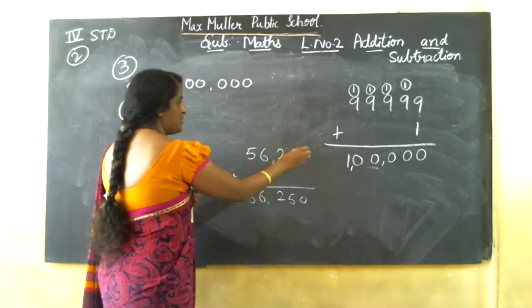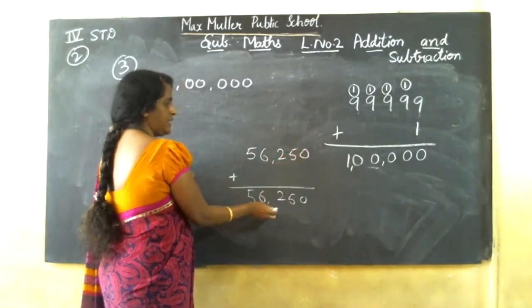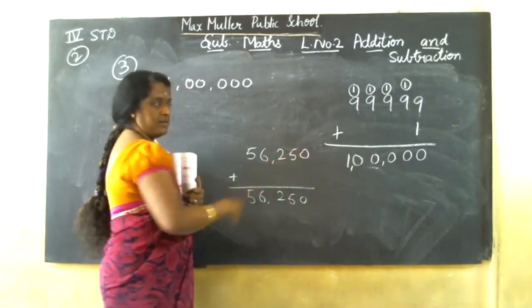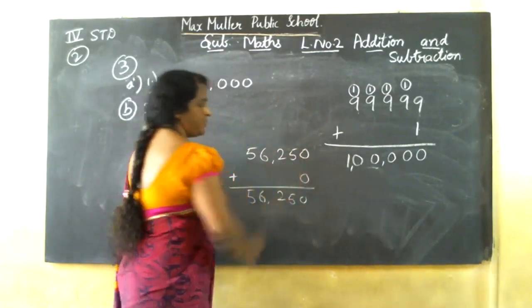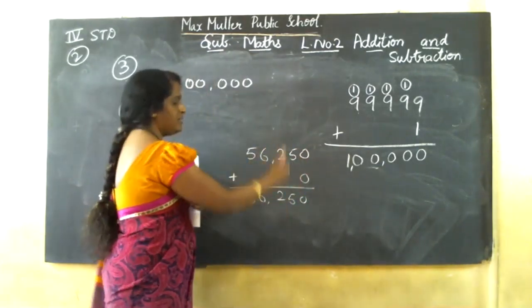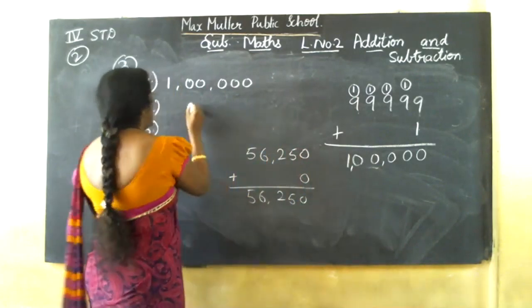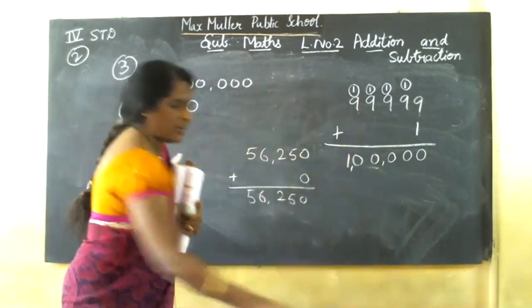When the question is the same, the answer is also the same, what will the number be here? It will be 0. If 0, then the answer comes the same. So the second one's answer is 0.